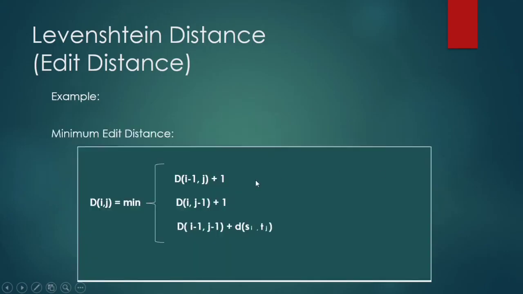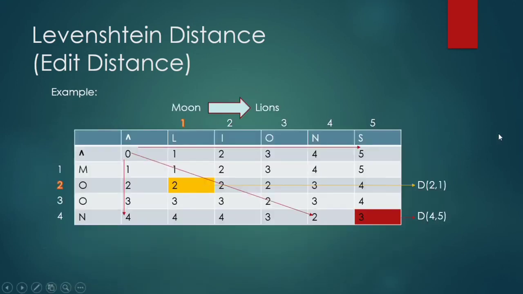In this case, the index is the first O from moon, and J denotes the index of the substring's last letter from the other word, and in this case it's 1. So the yellow cell denotes the minimum edit distance D of 2 and 1, meaning between MO and L. So does the red cell with D of 4 and 5.